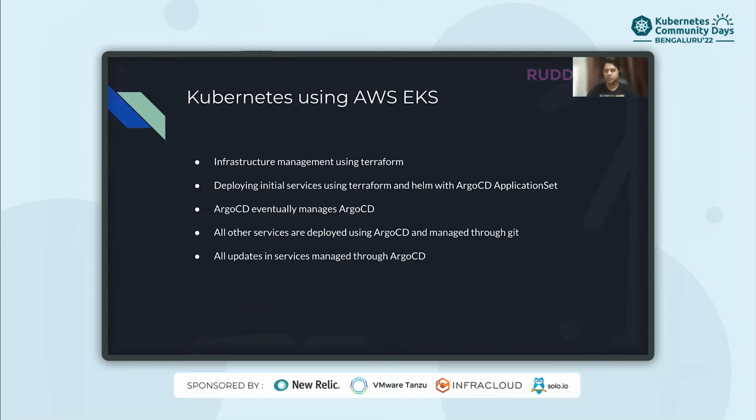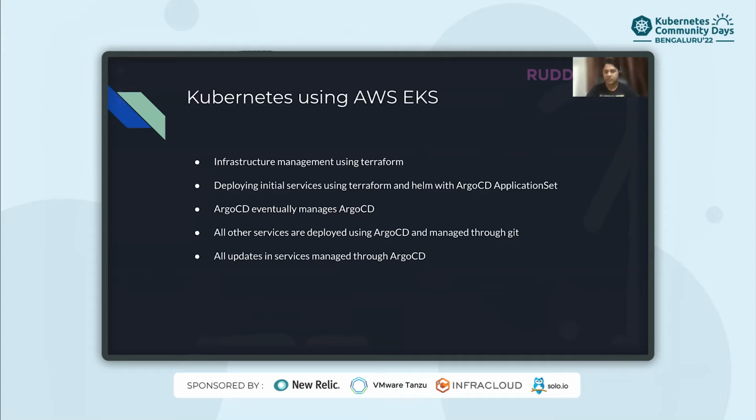Git should be the source of truth of all infrastructure. We have a layered architecture: initially we create all the infrastructure, then we use Helm a lot, and with the help of Argo CD we do all our deployments. We have the VPC networking layer created through Terraform, and then EKS, also created through Terraform.